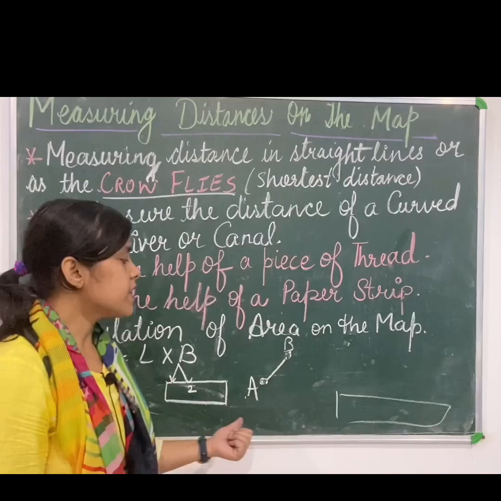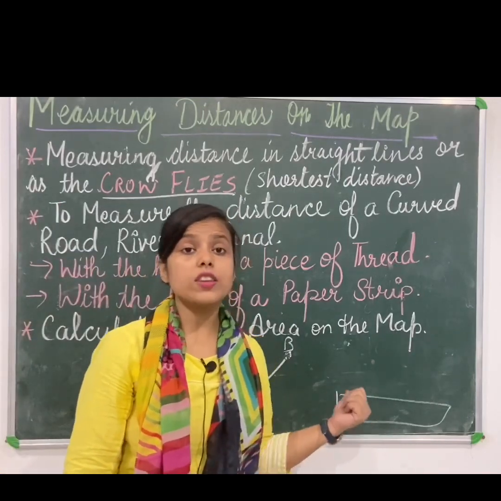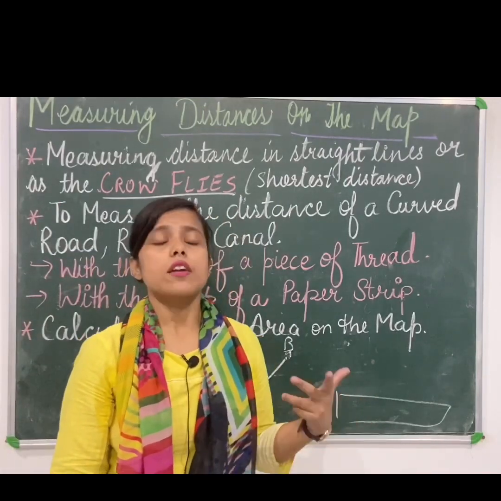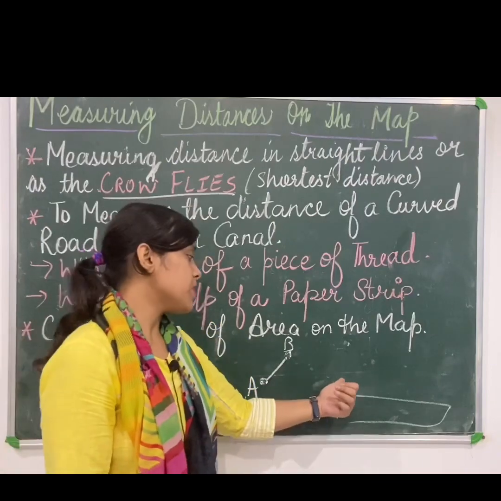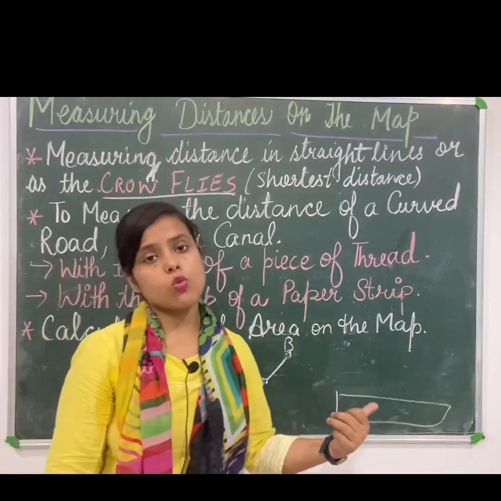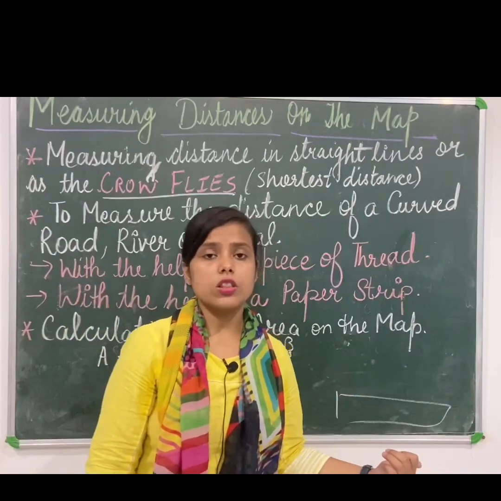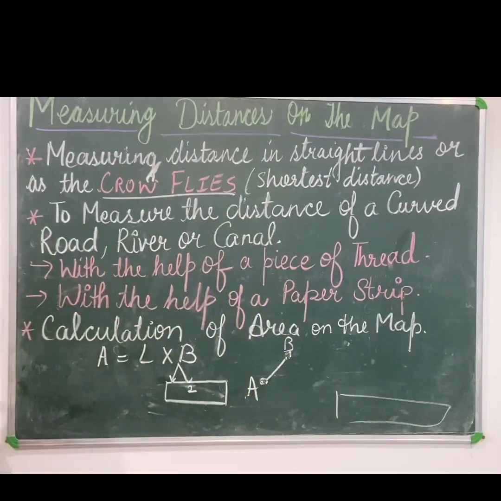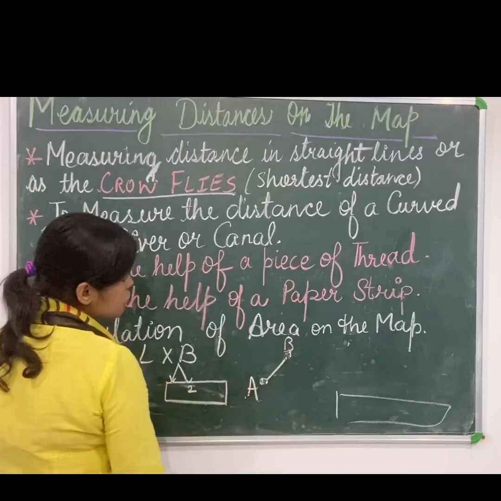Suppose 2 centimeter, that means on the ground what will this 2 centimeter represent? If 1 centimeter is equal to 1 kilometer, then 2 centimeter will be equal to 2 kilometer on the ground. So same way, shortest distance from A to B.